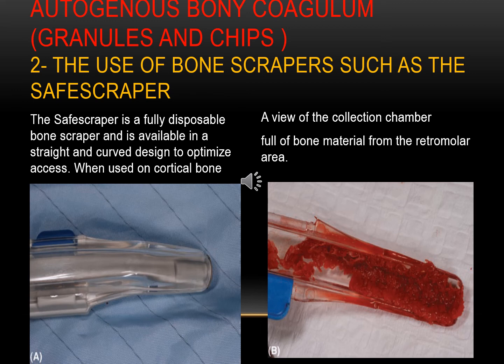We will use this safe scraper to scratch the bone from the donor site. After we make our scraping of the bone, we will collect these bone granules from the device and use them for grafting our bone defect.